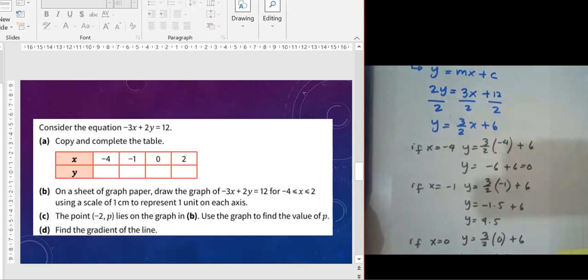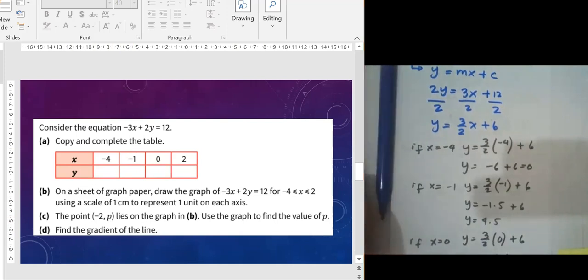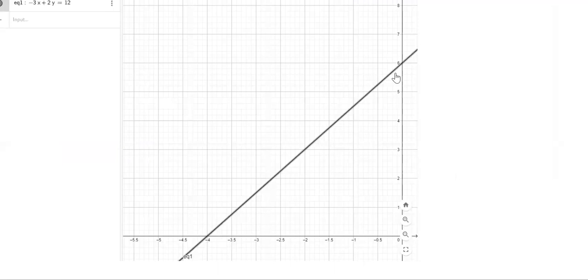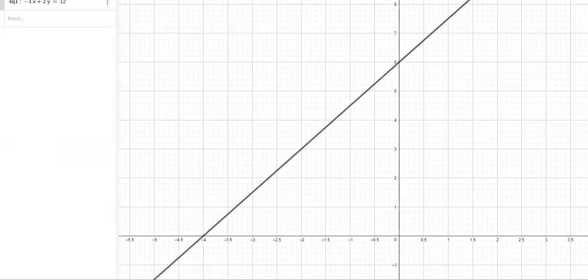So we can use the graph at x equals -2. If that is the function that you have, all you need to do is locate x equals -2, which is here, and then just go up. So the answer is that: if x is equal to -2, then p is equal to 3.